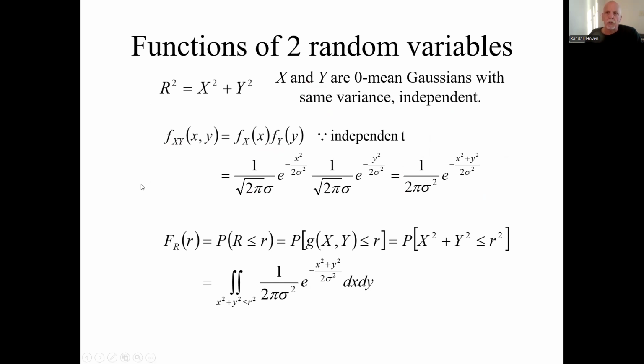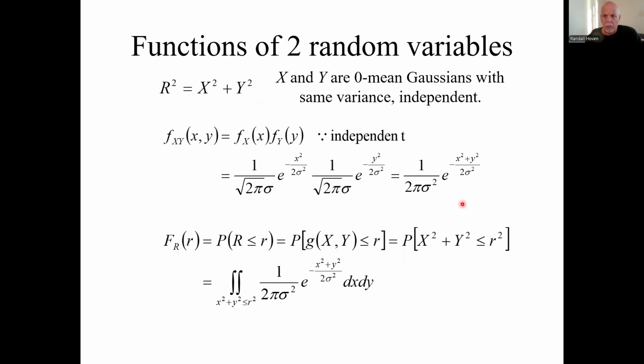We first want the cumulative distribution function, CDF, of R. And what does that mean? It's the probability that the random variable R is less than or equal to some argument, which means the probability that this function of x and y is less than or equal to that argument. And here's the function of x and y.